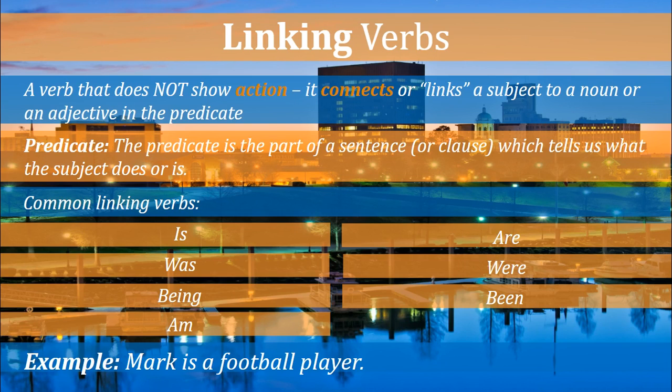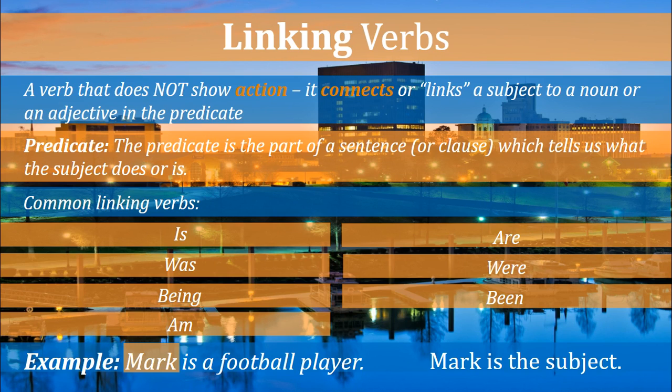What would your belief be about the verb, the subject, and the predicate? So Mark is the subject. That is who the sentence is about. The verb is the word is. Of course, it's a linking verb.